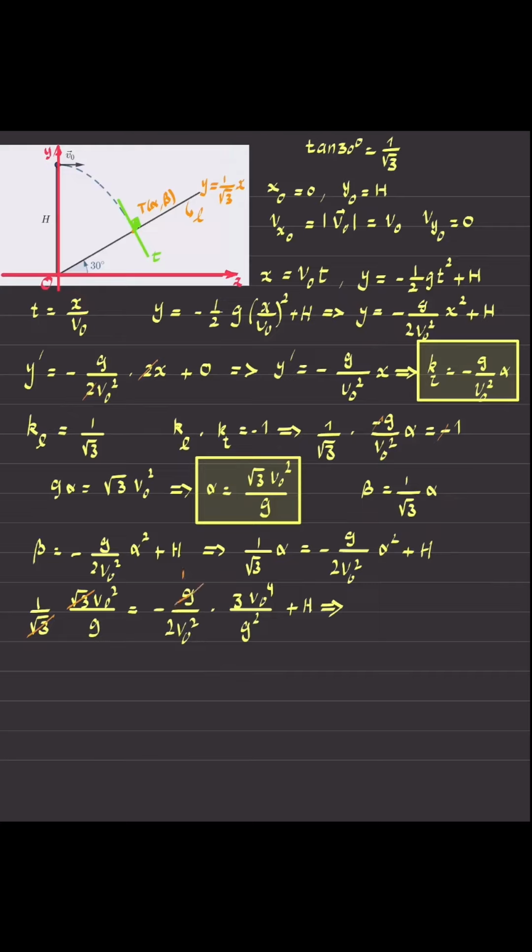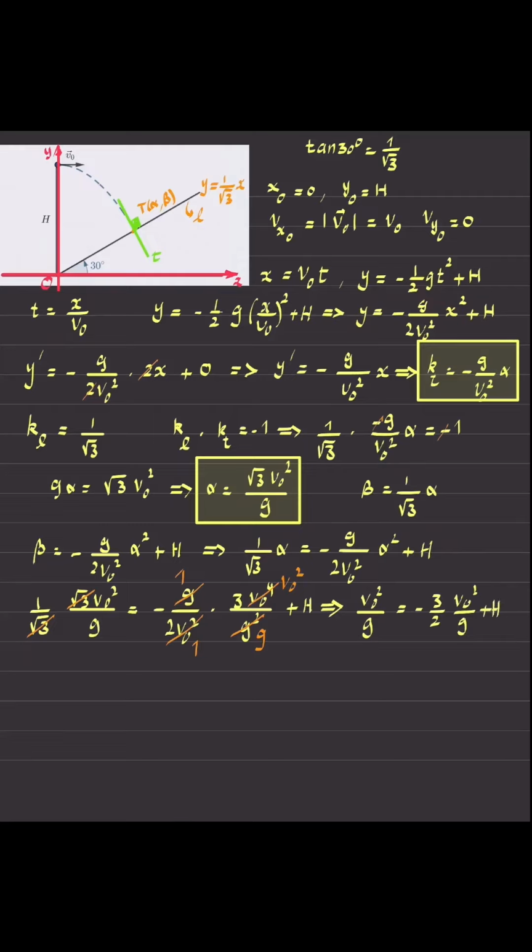This g from here and one of these g's are gone. V squared here and two of them are gone. V naught squared is left. So let me rewrite what I have. On the left I have v naught squared over g. On the right I will have minus 3 halves v naught squared over g plus h.